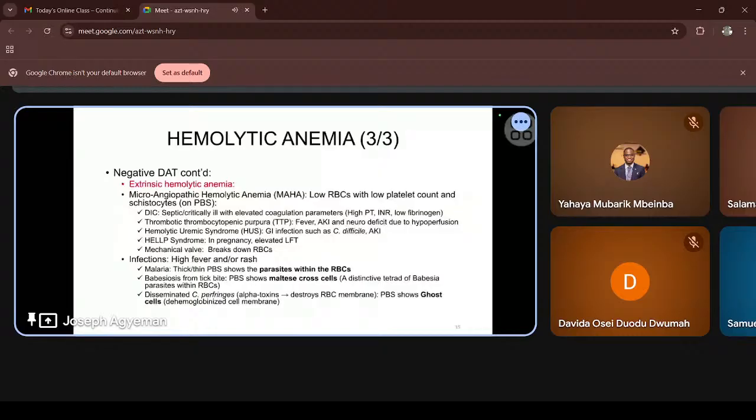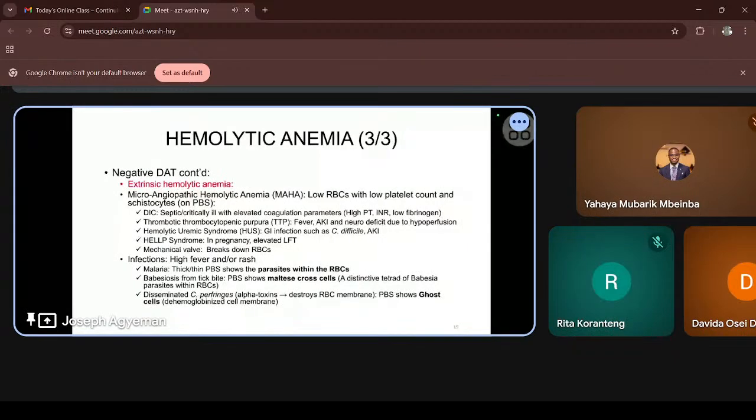Let's look at what goes into MAHA, the types or the factors that can contribute or lead to MAHA. When you say MAHA, the characteristics that are striking here is that it comes with low RBCs, with thrombocytopenia. Every MAHA, all the types that we are yet to discuss, be it DIC, be it HELLP syndrome, be it hemolytic uremic syndrome or whatever, these things are common.